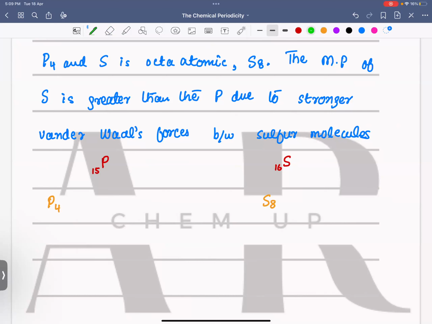In this P4, phosphorus has a bonding like this in the P4 molecule. Sulfur's 8-atom molecule would be just like a crown.